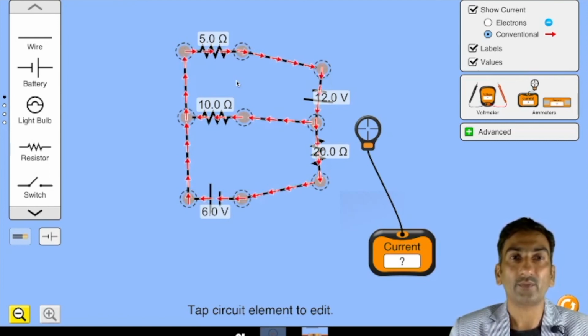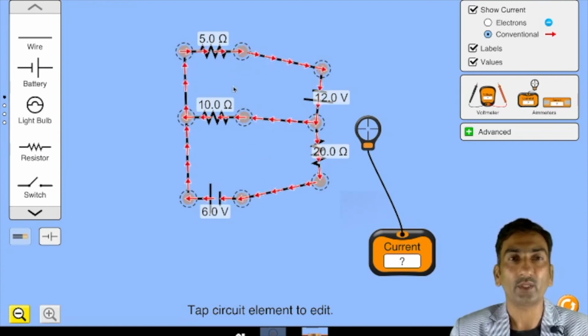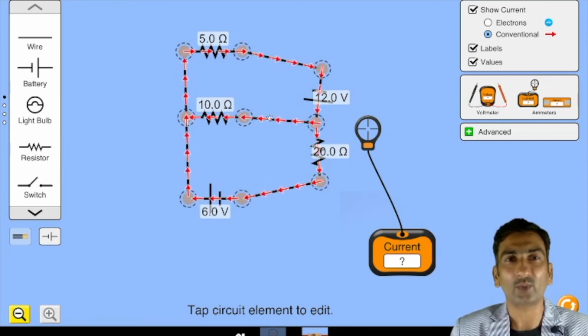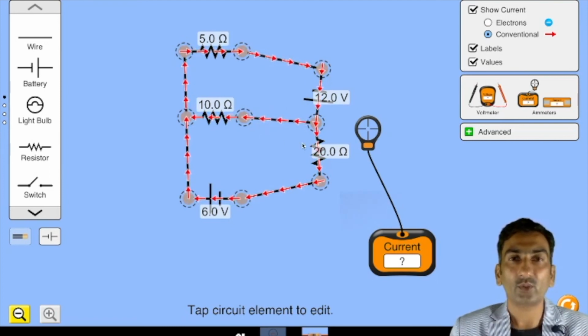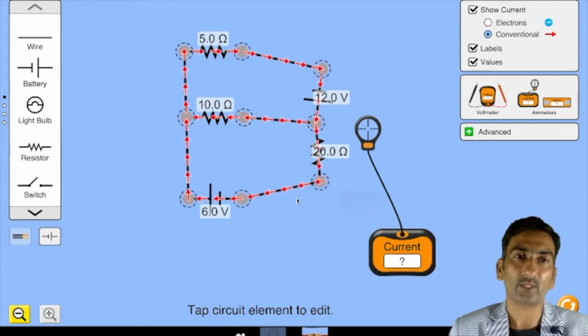If you are applying Kirchhoff's loop rule in loop 1 and loop 2, and in loop 1 you are going clockwise, don't change this by yourself. If some part you did clockwise and another part anti-clockwise, then you'll get wrong answers. So that was the verification of your result, and I hope you enjoyed that.